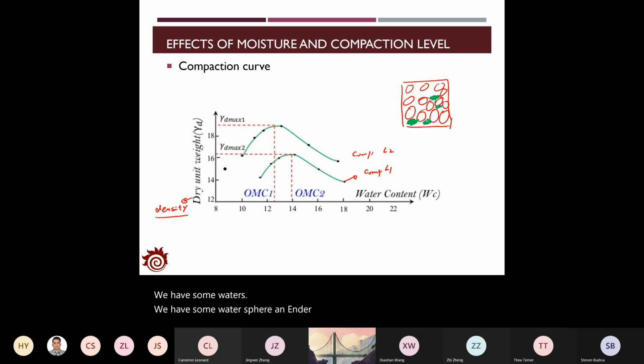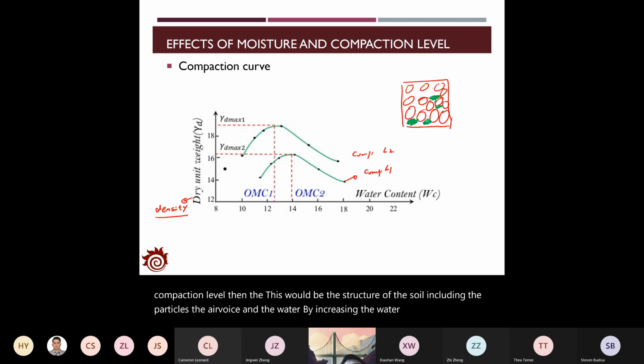Under one fixed compaction level, this would be the structure of the soil, including the particles, the air voids, and the water. Assume that at one water content, the mass of this one is 1.